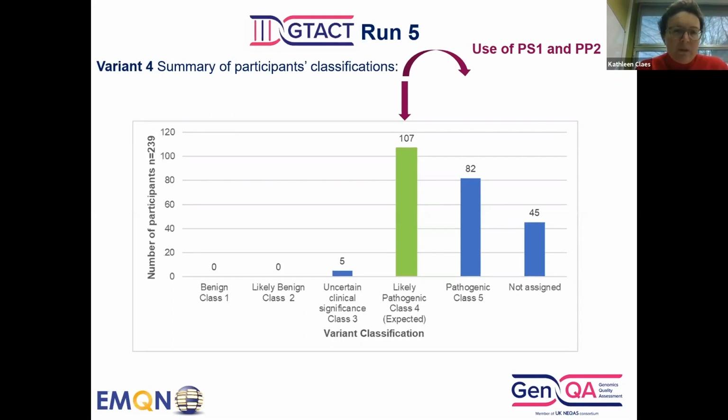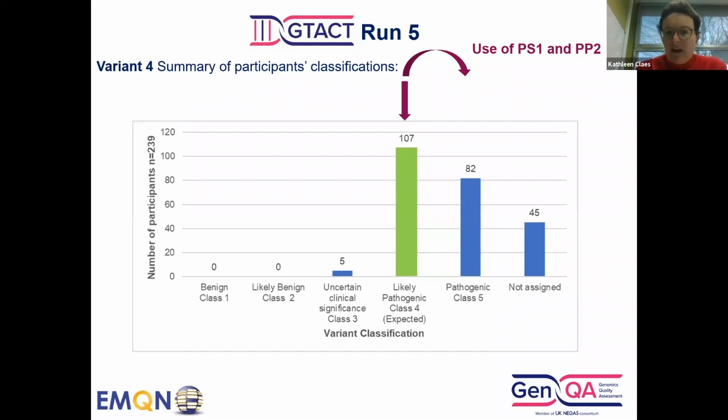They used the PS1 criterion, which says that you can classify a missense variant as pathogenic if previously another change at the same amino acid has been indicated to be pathogenic.